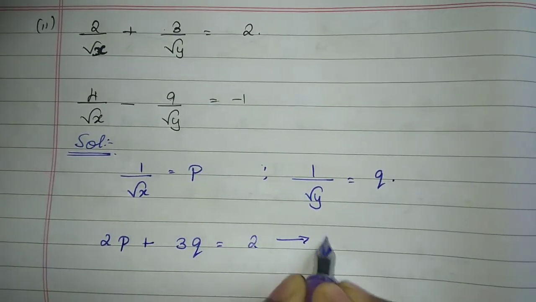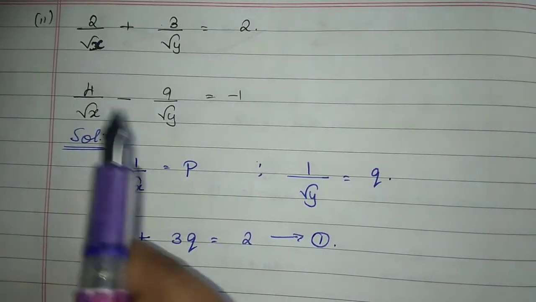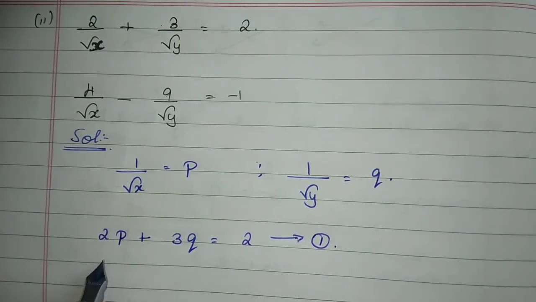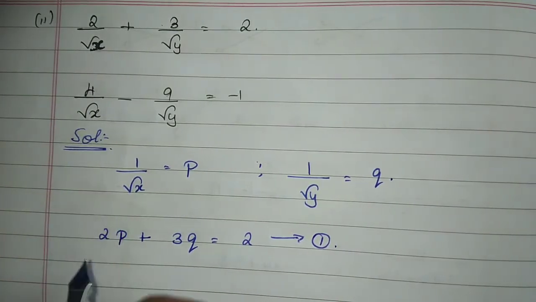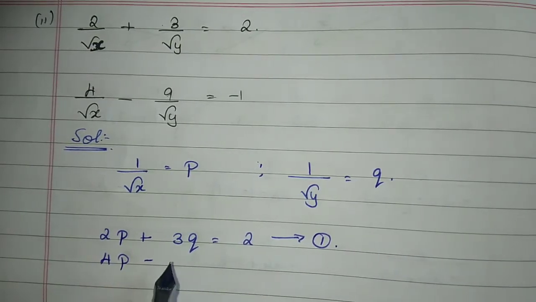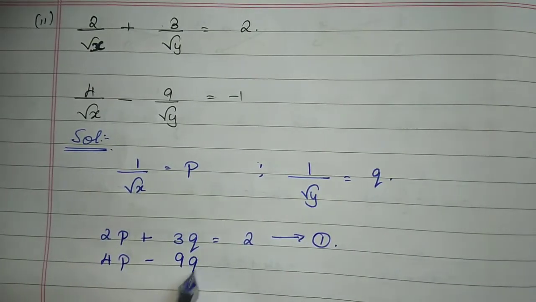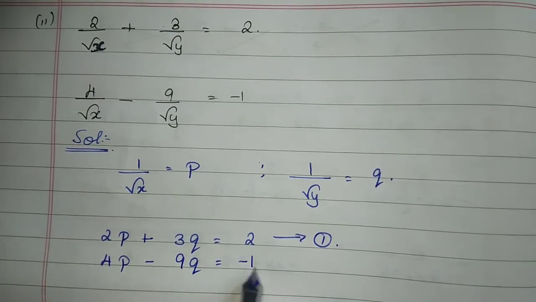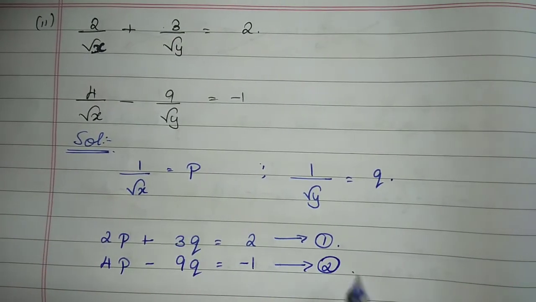So let this be equation 1. And my second equation will become 4p minus 3 by root y will become 9q is equal to minus 1. So let this be equation 2.